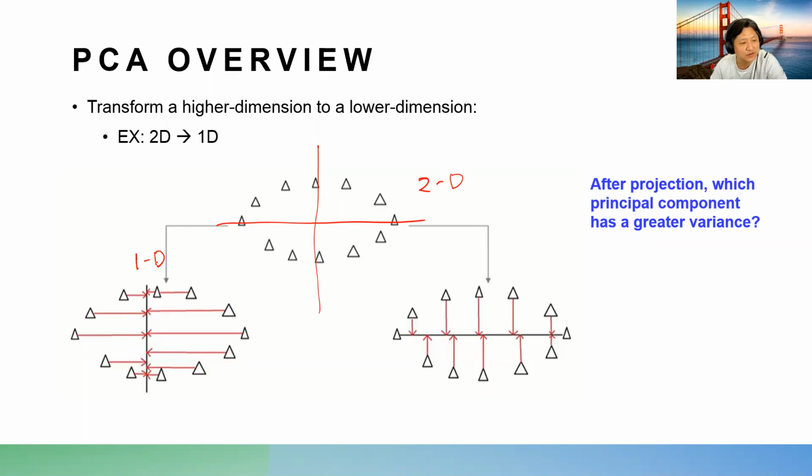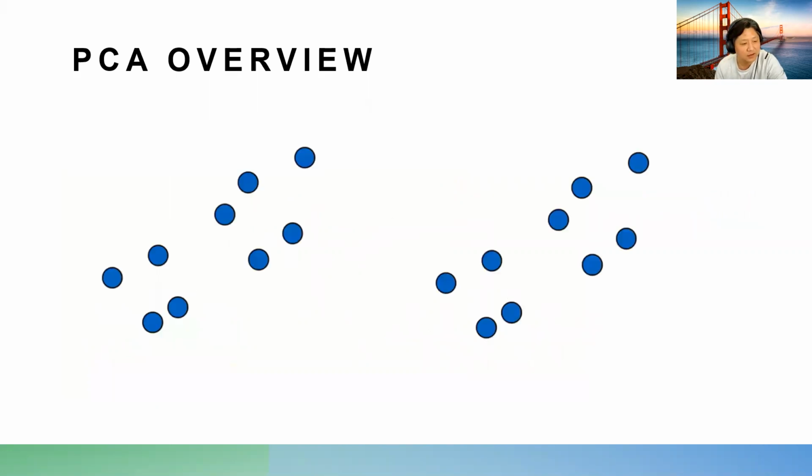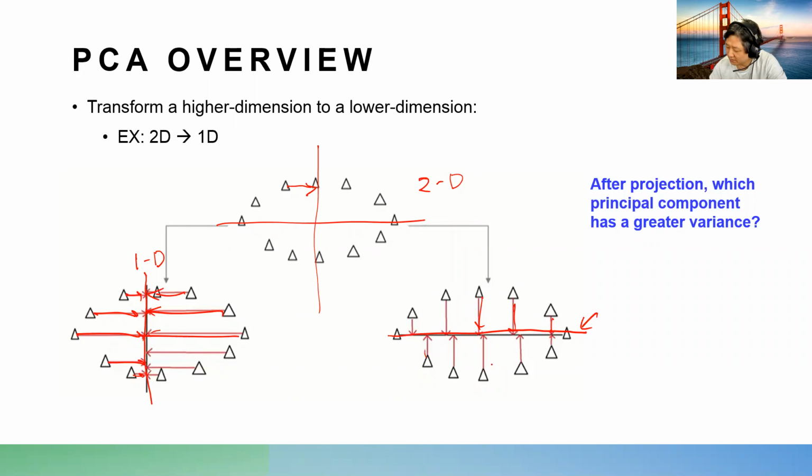So first, you can project all the data points to this axis, right? And then also you can find this axis and project all the data points, right? Do you follow me here?